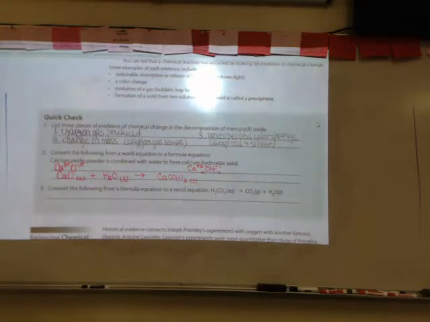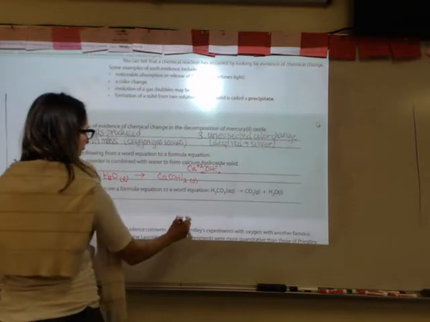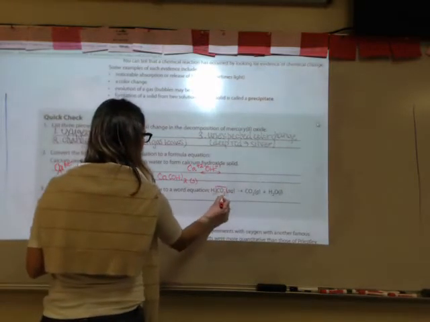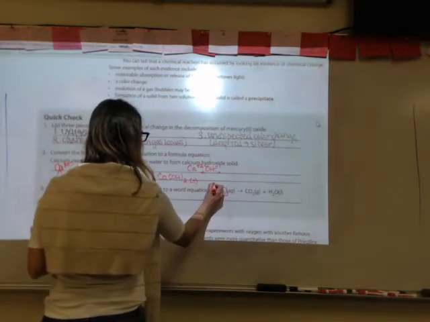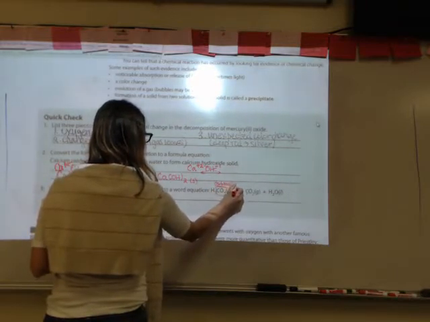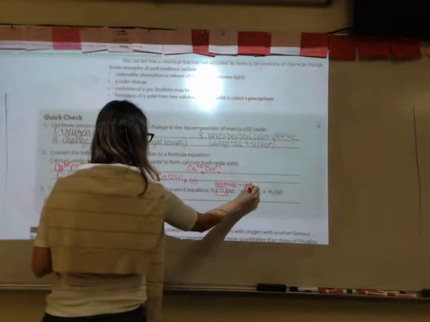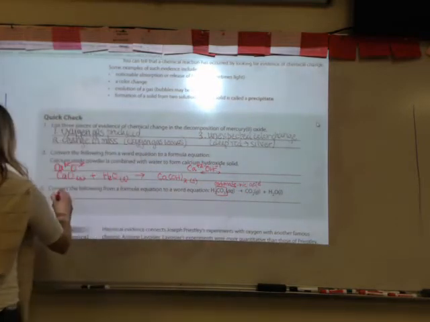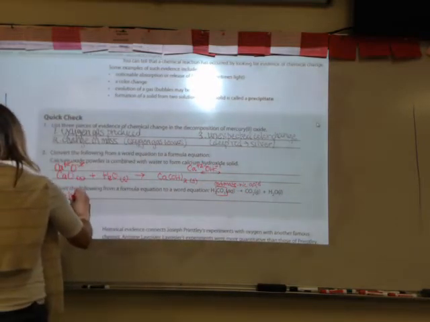Number 3, convert the following from a formula equation to a word equation. So H2CO3, this is an oxy acid. This CO3 is named carbonate. Remember, when you have an 8, it becomes an ic acid. So this is carbonic acid.